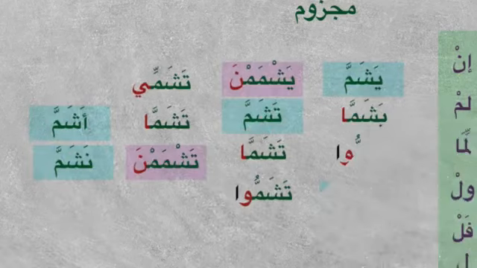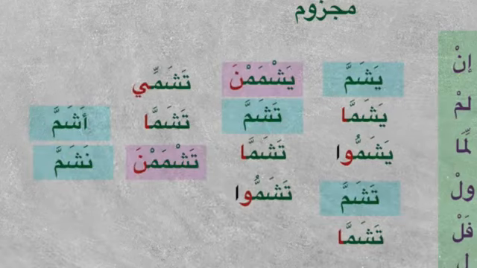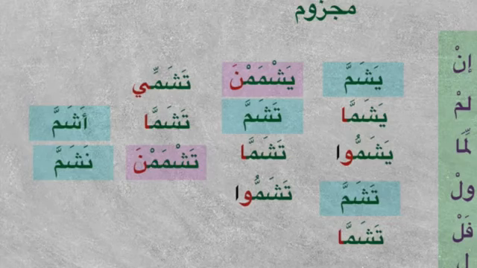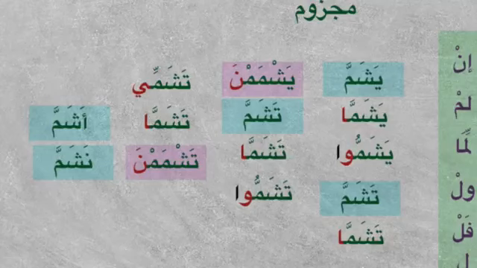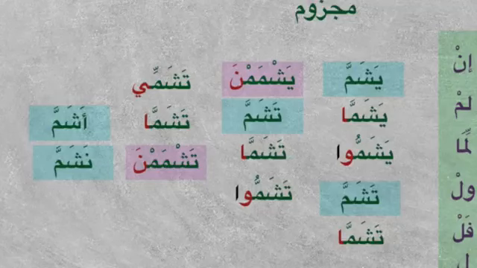Let's have a look. We just saw that when the idgham is kept, it will have a fatha in the majzoom. So we know that it is majzoom: yashamma. And for the afal al-khamsa, it is very easy, there's nothing to worry about, because the noon is the sign of marfu, and dropping the noon is the sign of mansoob and majzoom. That's quite straightforward, and we have mabni, so there's no problem.